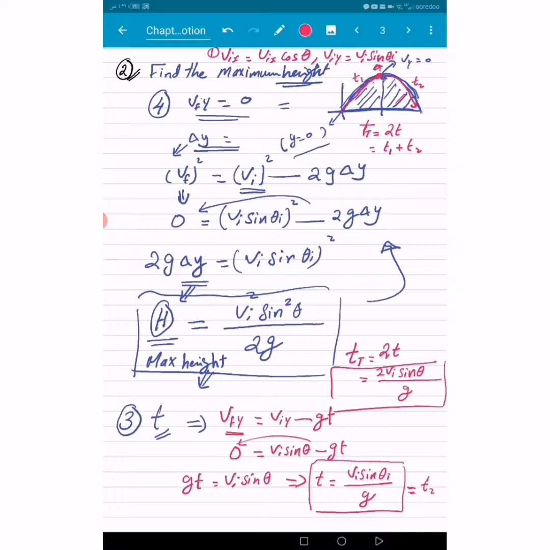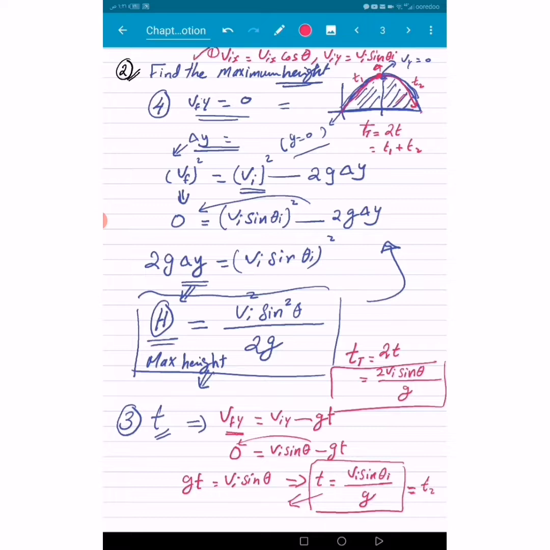So if the time to reach the maximum height is VI sin theta over G, then to reach the ground it is the same but twice, so that means 2 VI sin theta divided by G. So now we find the important three equations.